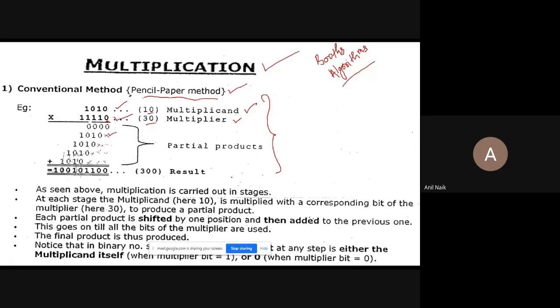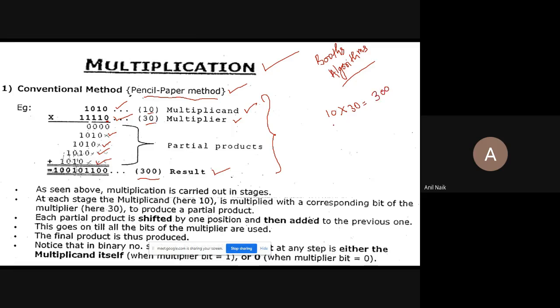These are all called partial products, and you know from your childhood how to perform the multiplication. So 10 into 30, we got the answer as 300.